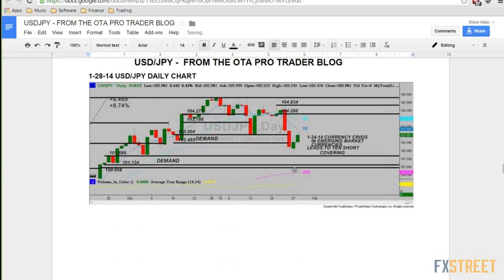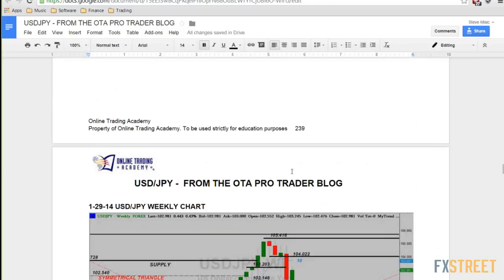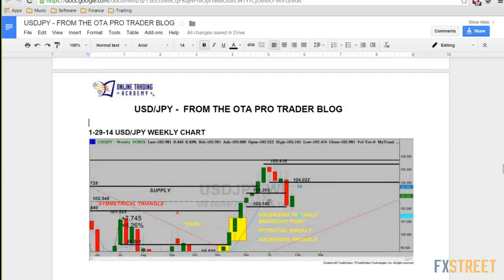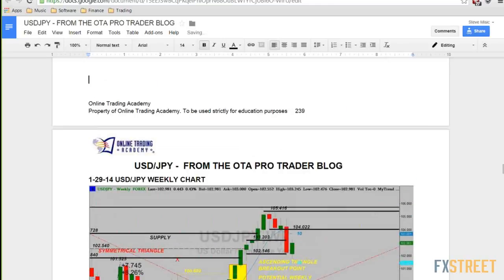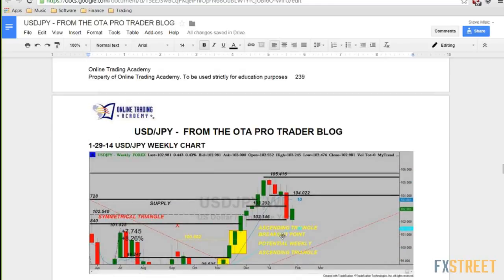At the same time, the weekly chart of the Japanese yen dollar began to form a brand new supply level overhead. And that's kind of typical too. Whenever the markets rally up and then they'll base for a few weeks and then they drop from that level, it indicates that at that area, there's still willing sellers, there's still institutional sell orders.